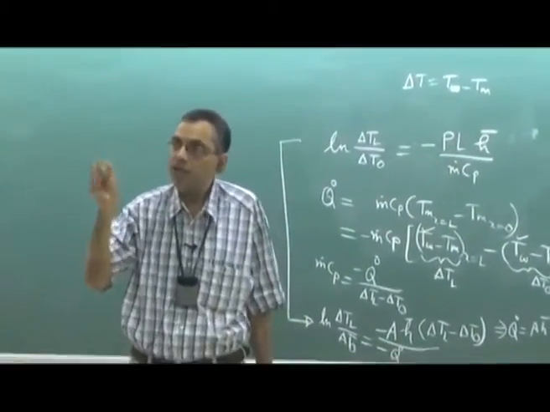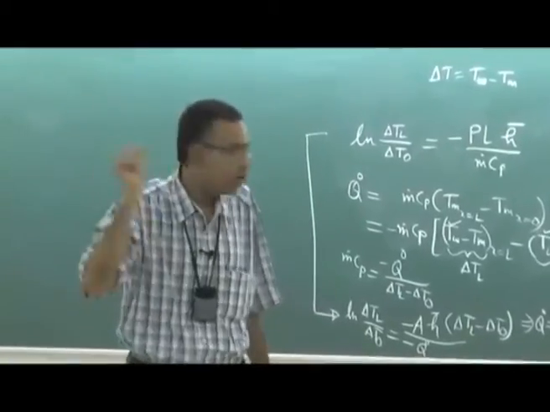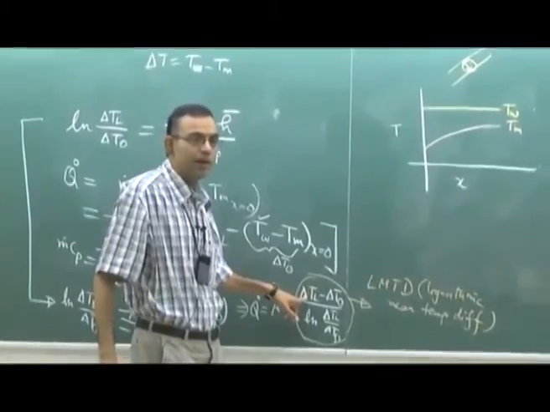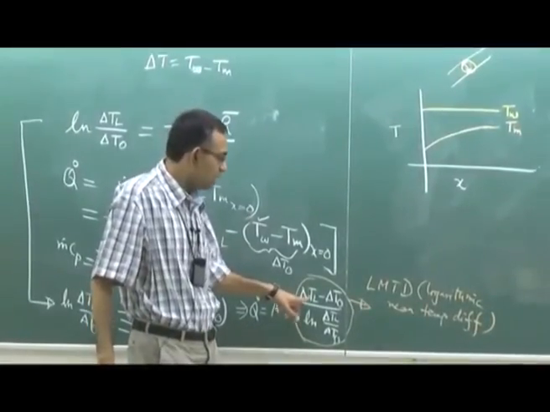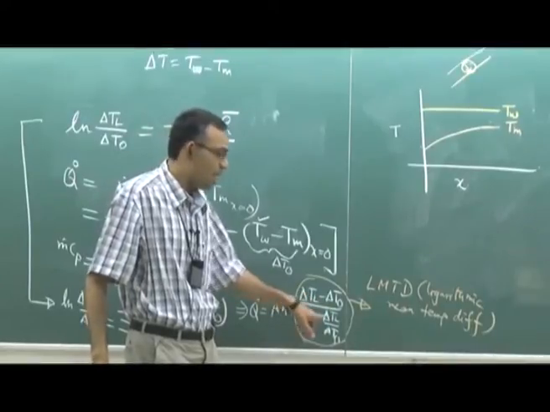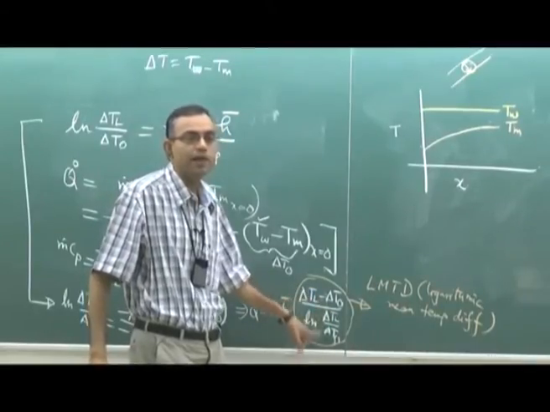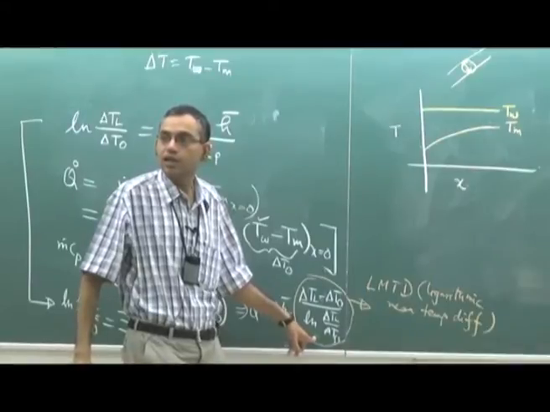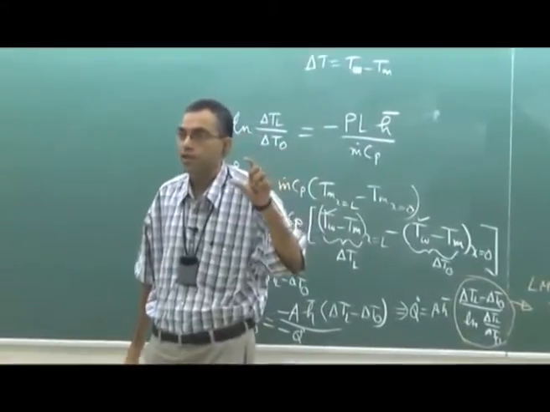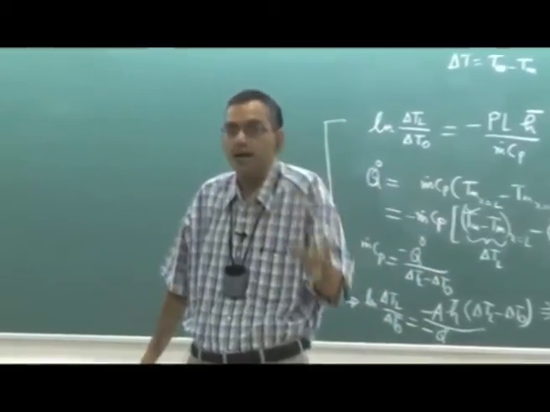See, for anything you can do it mathematically. How do you do it mathematically? If a constant temperature difference is there, then delta T_L equals delta T_0, so it is 0 by ln 1, 0 by 0. You can use L'Hopital's rule to find out the logarithmic mean temperature difference. But my question is, why should we do that?